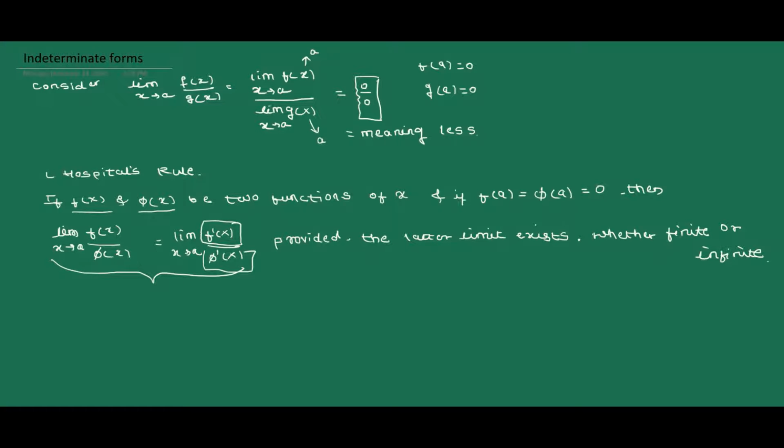Means you have to differentiate numerator and denominator separately, and after differentiating, if you get a finite value or infinite value, then it is said to be L'Hospital's rule. So now I will write the first form, that is 0 divided by 0 form.